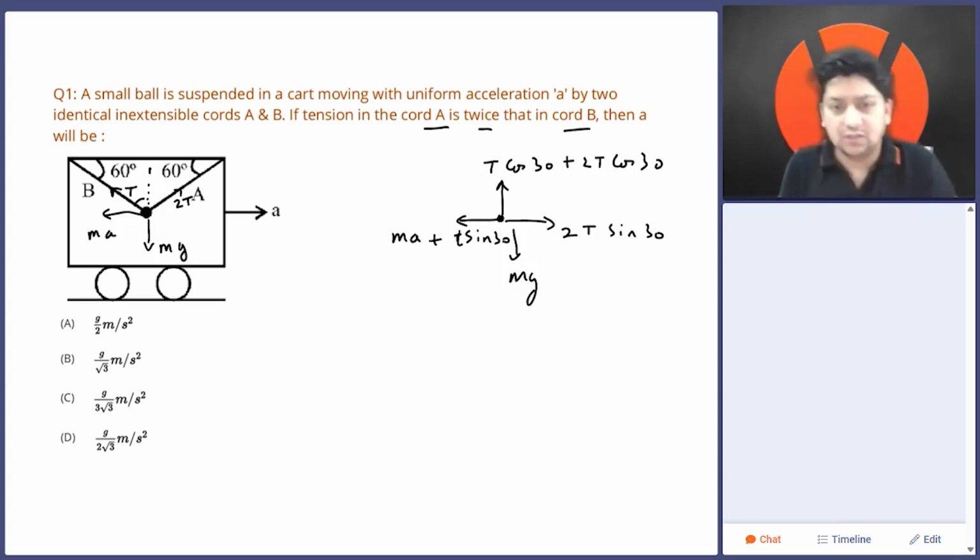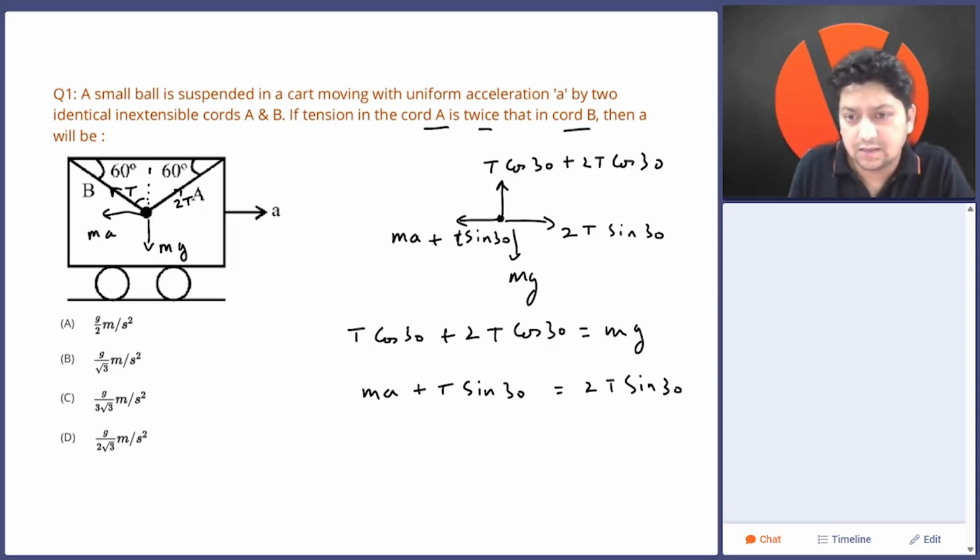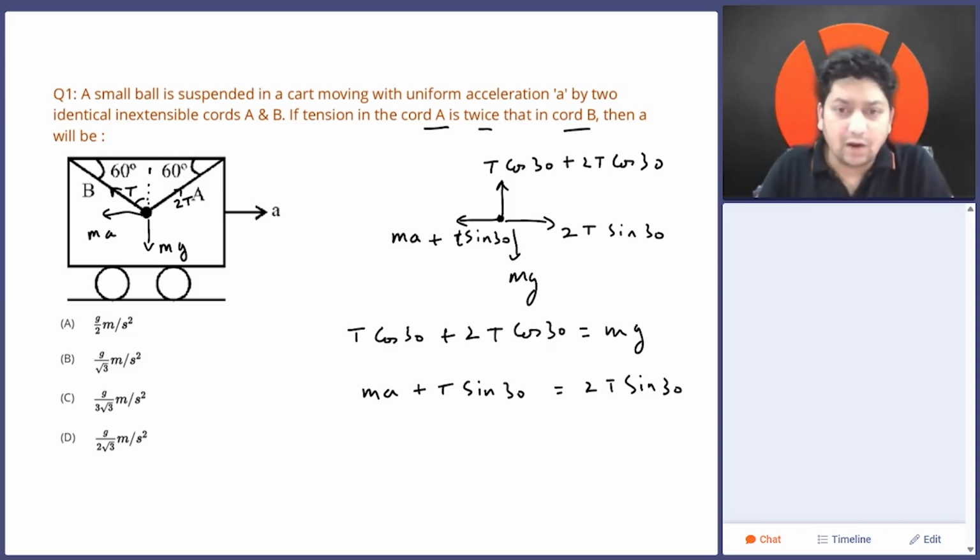So in the x-axis we can say, in y-axis let's apply equilibrium. In y-axis T cos 30 plus 2T cos 30 will be balancing the weight, and in the horizontal axis ma plus T sin 30 will be equal to 2T sin 30. So using these two we can find out the value of a.